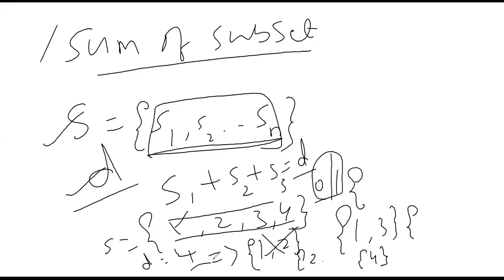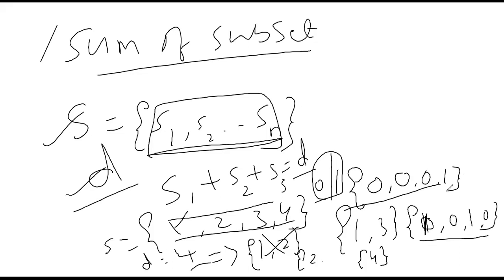So what is the first possible solution? 0 0 0 1, correct? So this is one solution. The next solution is 1 0 1 0. This is another possibility, correct? So there are two solutions for the given problem 1 2 3 4.